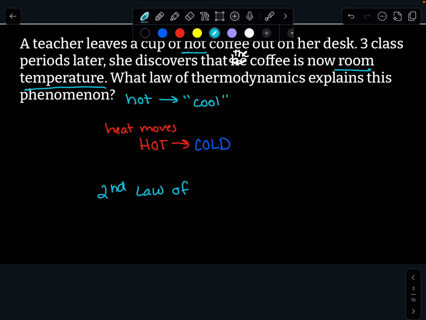So it's going to share its heat and move its heat and its entropy to the cold object until they reach the same temperature or the same amount of entropy. And so this coffee, as it's cooling down, as the heat is leaving it and going out into the room, it's going to keep cooling down until it's the same temperature as the room, right?